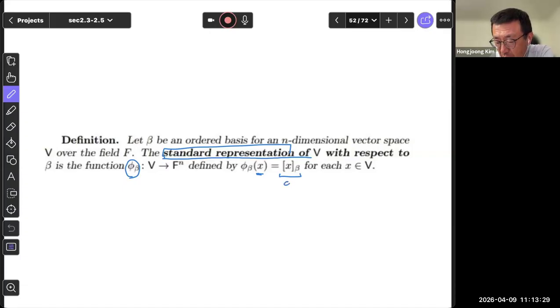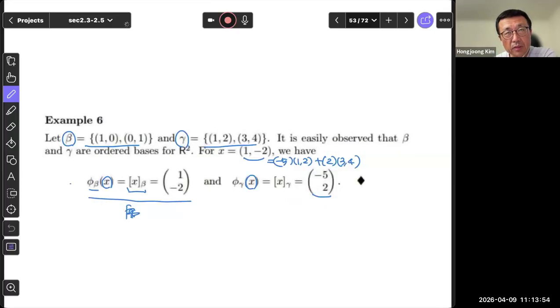The mapping sending x to its coordinate is called the standard representation of V. These are two examples.